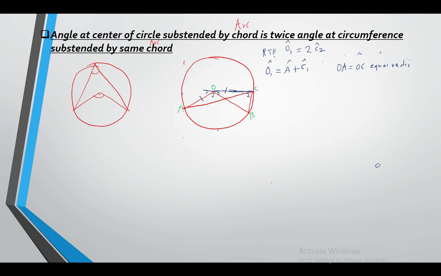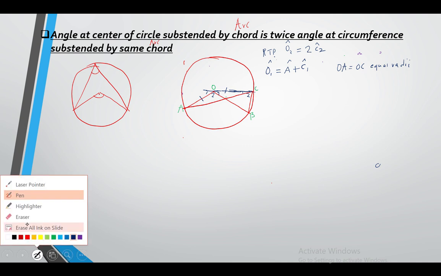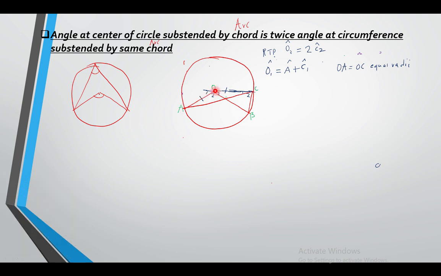Which angles are equal in this case? Since the side OA is equal to the side OC, I want us to leave out OA and OC and focus on the third side of this triangle, the side AC. Which angles lie on the side AC?